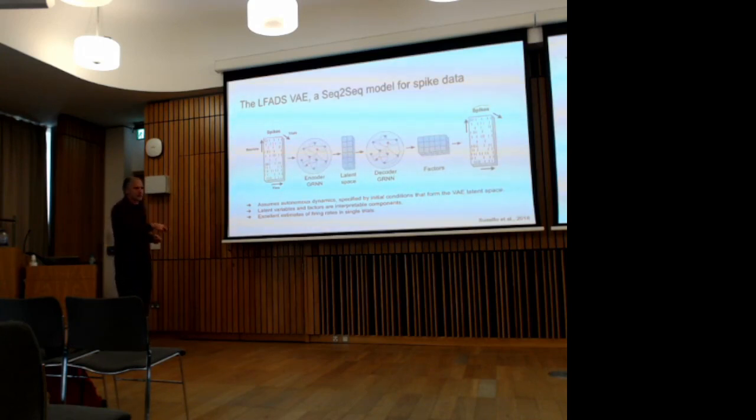Since the latents are just a bunch of real numbers, means and variances, of course, here we can only do categorical classification of behavior. But since we have the full time series here, we can also try to reconstruct more detailed behaviors.